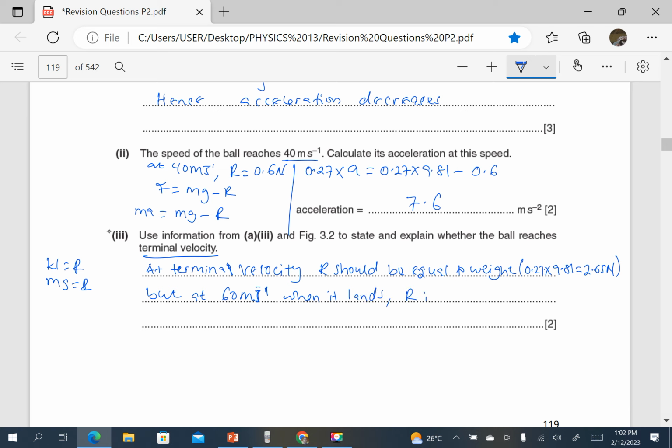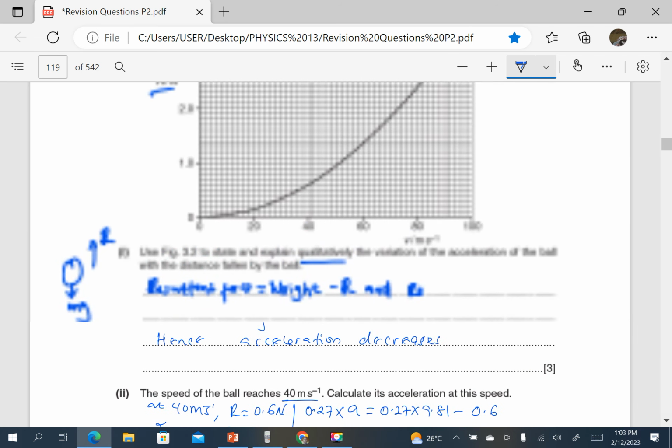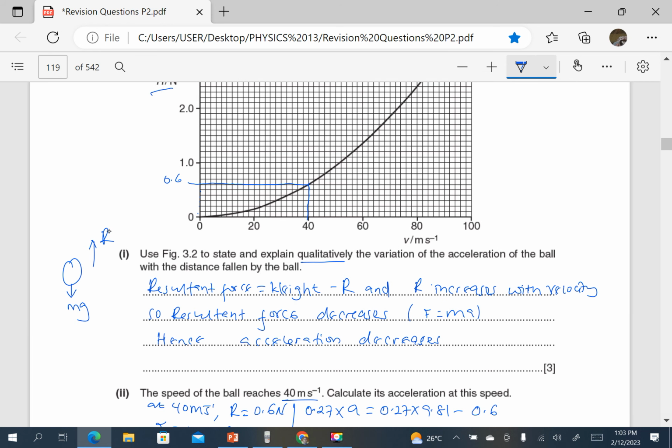At 60 meters per second when it lands, R is less than the weight. Let's verify from the graph. At 60 meters per second, R is a value less than the weight.